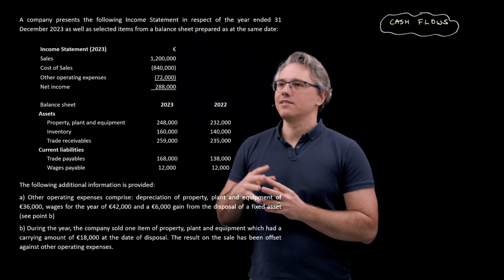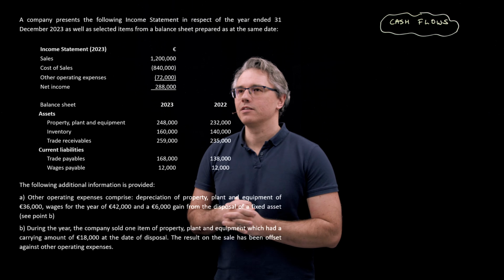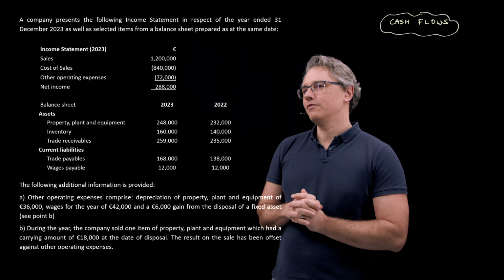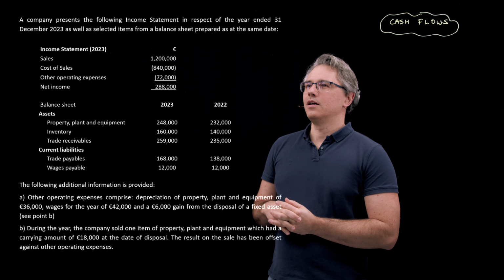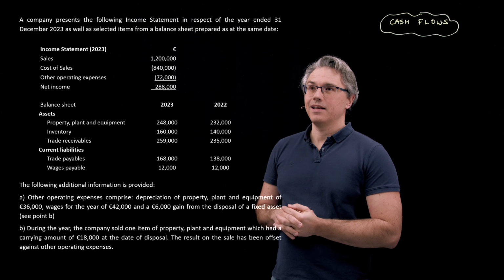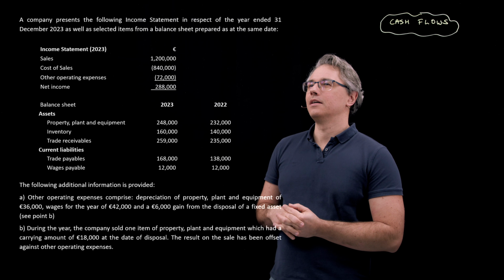A company presents the following income statement in respect of the year ended 31st of December 2023, as well as selected items from a balance sheet prepared as at the same date.